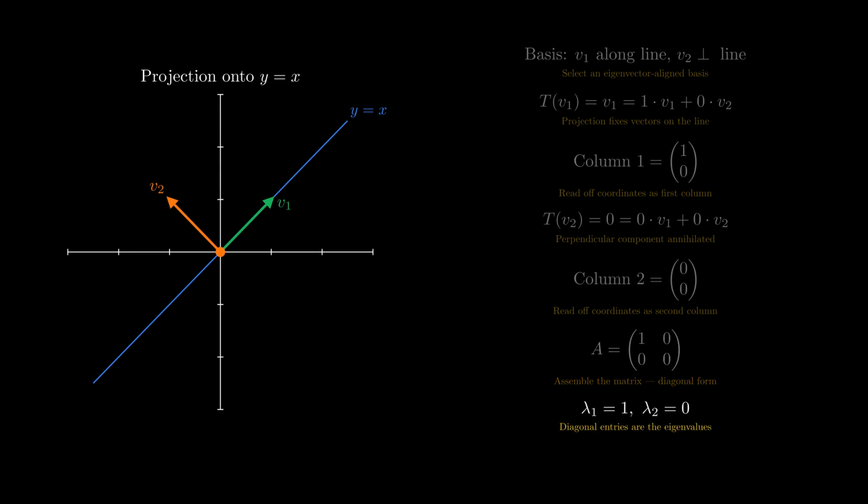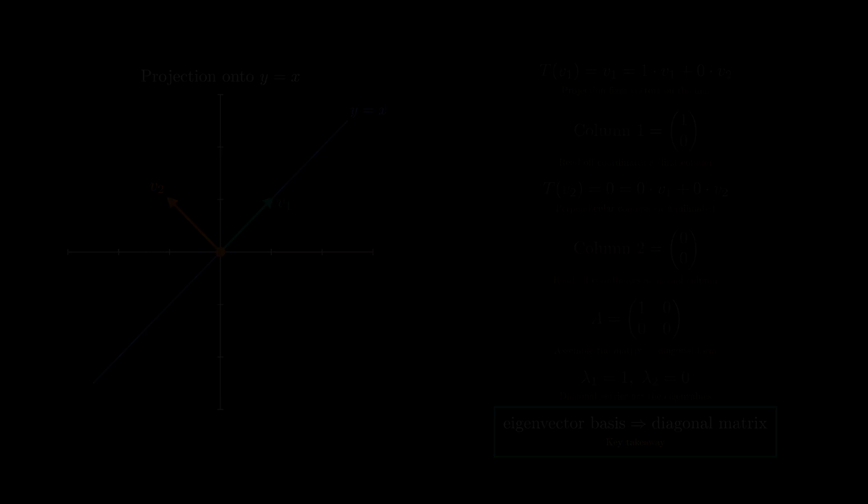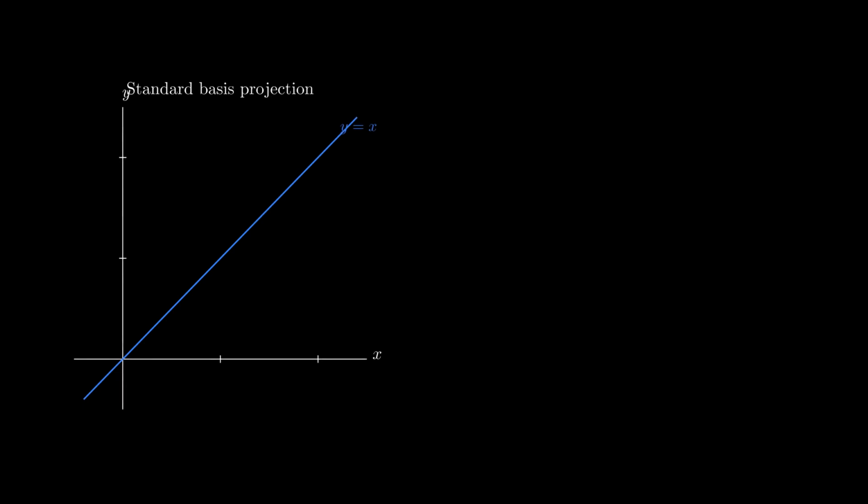The diagonal entries, 1 and 0, are the eigenvalues of the projection. This basis made the transformation transparent. Each axis simply gets scaled. Same transformation, but a different basis. This time we use the standard basis. E1 equals 1, 0, and E2 equals 0, 1. Project E1 onto the 45-degree line.